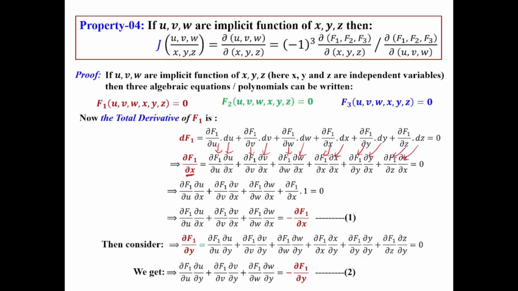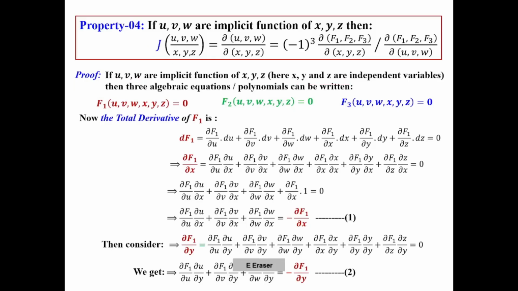Now here it is given that u v w are implicit functions of x y z. That means u is a function of x y z, v is a function of x y z, and w is a function of x y z. But x y z are three independent variables.